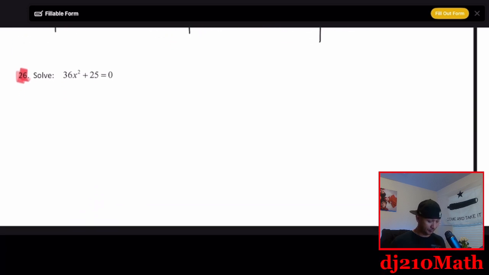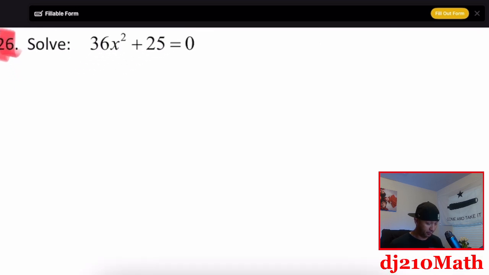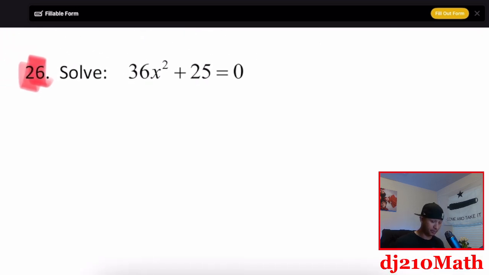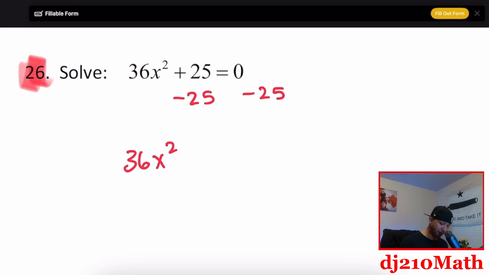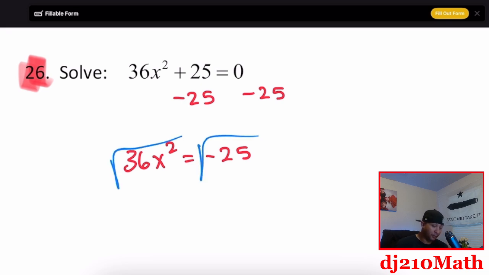All right, 26. We only have 1 x squared, so here the square root method is by far the preferred method. I'm going to subtract 25 from both sides. So 36x squared is equal to negative 25. A rookie mistake would be to try to take a square root now.